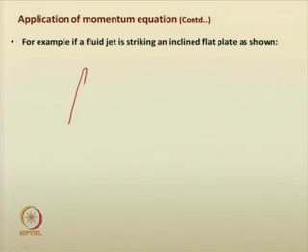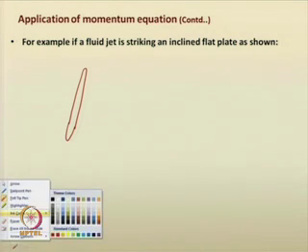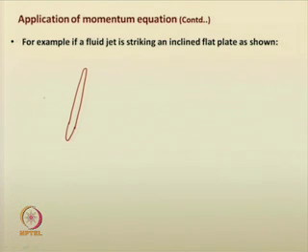Initially, let us suggest that this flat plate is not moving; let us consider it as fixed. A high speed jet is impacting this particular plate. On its impact, it gets split in both directions of the plate, along this direction as well as along this direction. This is the high speed jet flow direction.